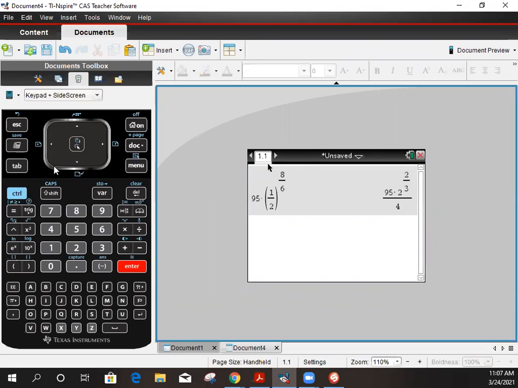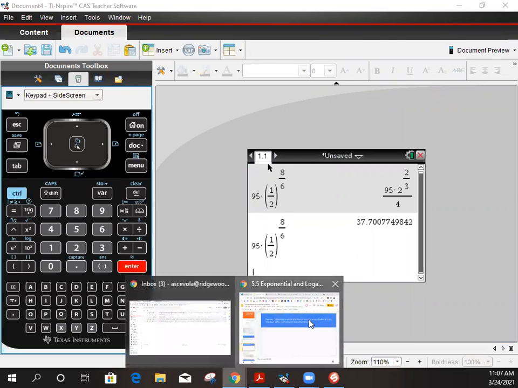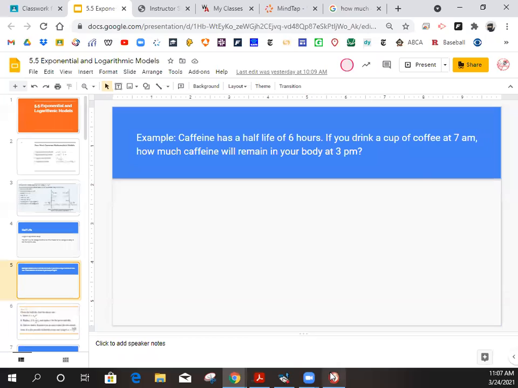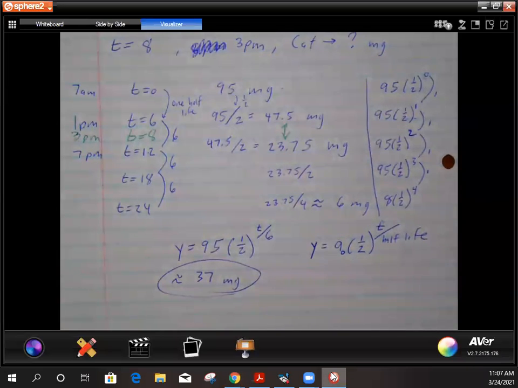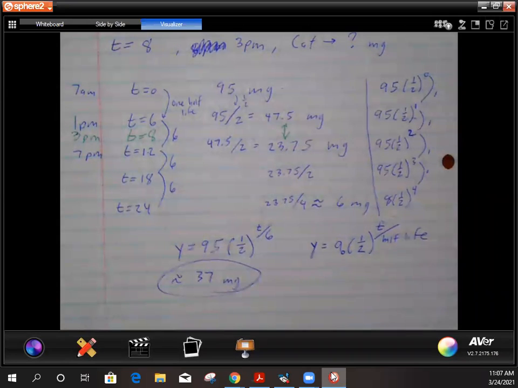And because I didn't hit control equals, it gave me an exact answer. So an approximate answer would be about 37.7 milligrams. Which checks out according to our model here, because we estimated it between 47.5 and 23.75.